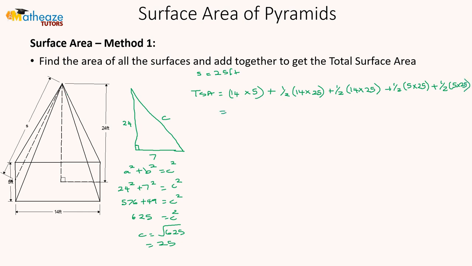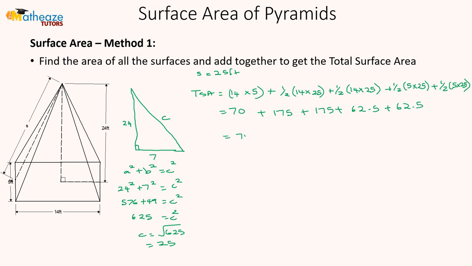So this is going to give us 70 here, plus 14 times 25 divided by 2, 175, plus 175, plus 25 times 5, so this is 62.5 plus 62.5.